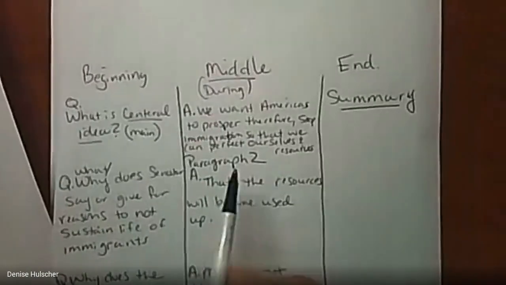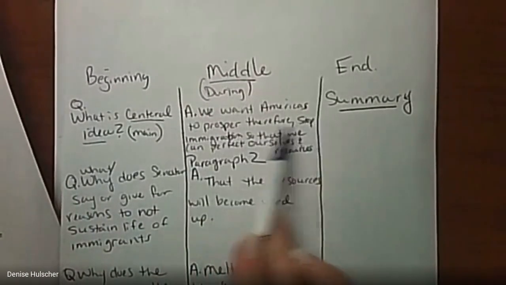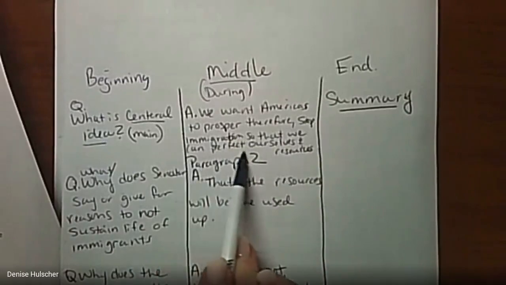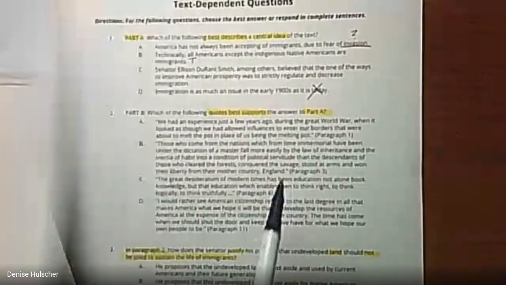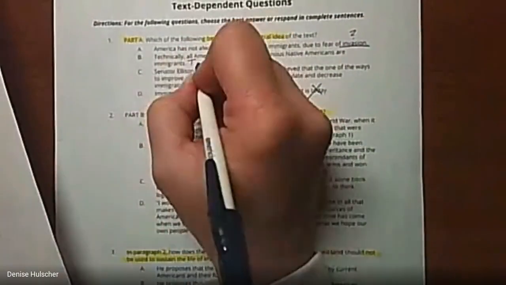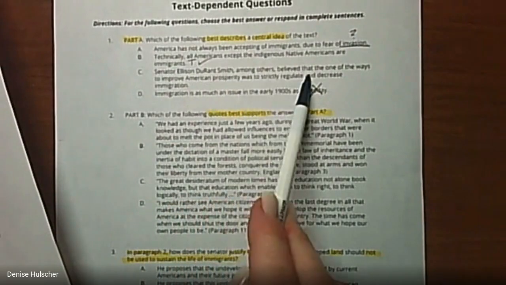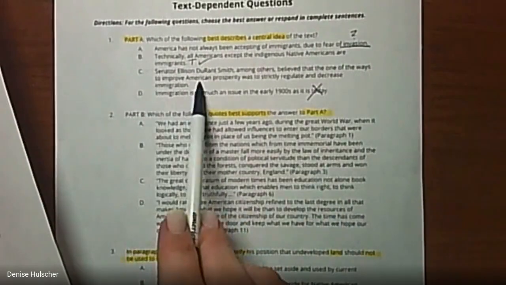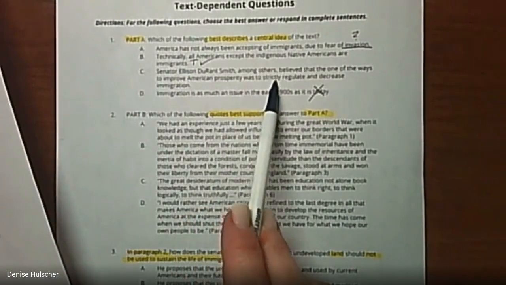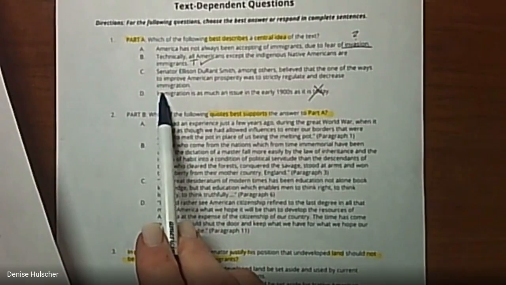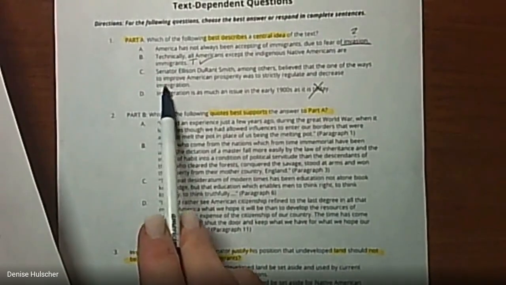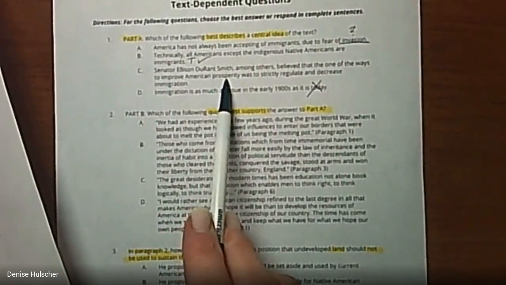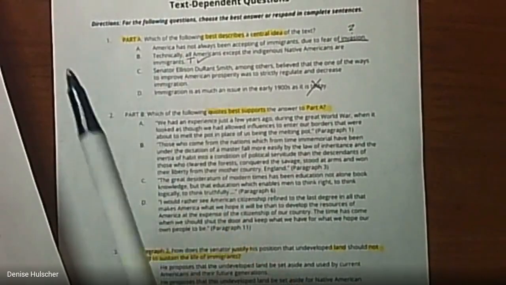Did we have that we want Americans to prosper, therefore stop immigration so that we can perfect ourselves and our resources? Not really. Okay. Senator Ellison Durant Smith, among others, believed that one of the ways to improve America's prosperity was to strictly regulate and decrease immigration. They want Americans to prosper, and one way was to keep it so that we were pure.